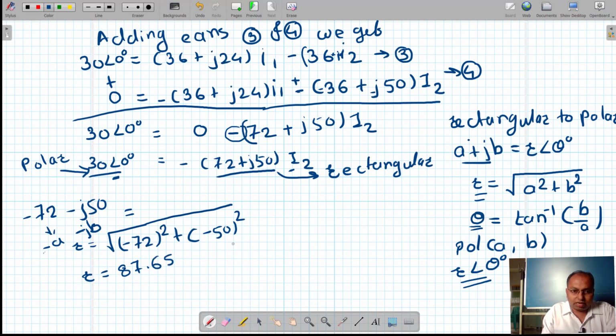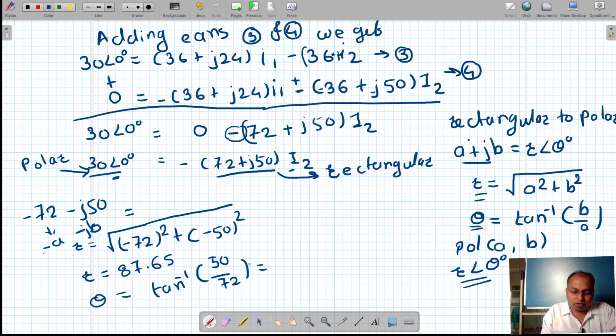Okay, and let us calculate now theta. Theta is equal to tan inverse of b by a, so 50 by 72. Let us calculate that as well. Shift tan inverse, so whenever I use shift and tan, I am calculating the tan inverse of that particular value.